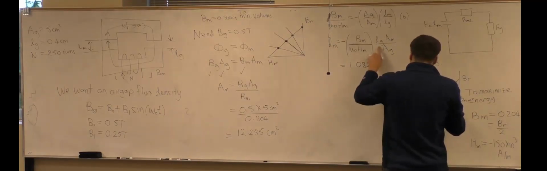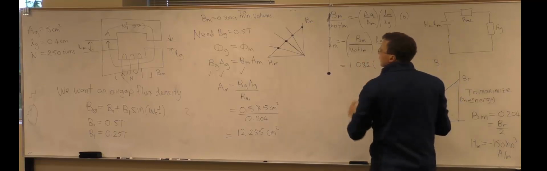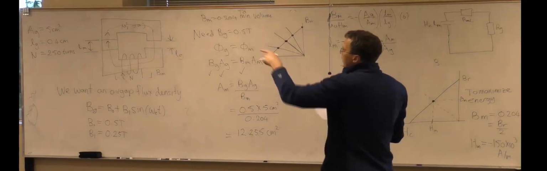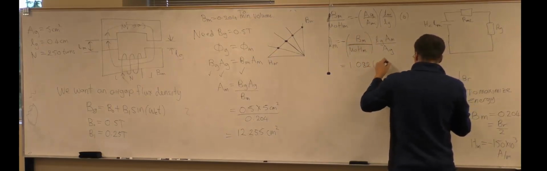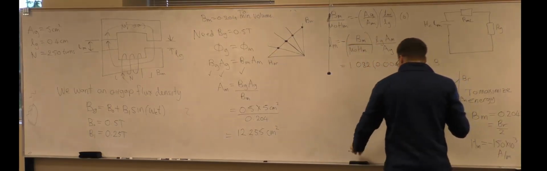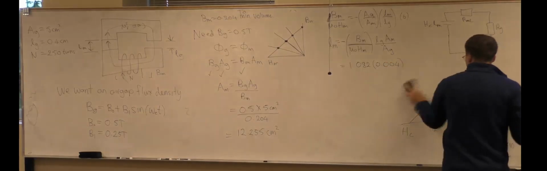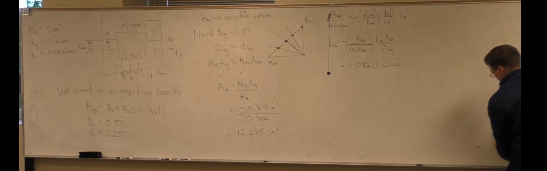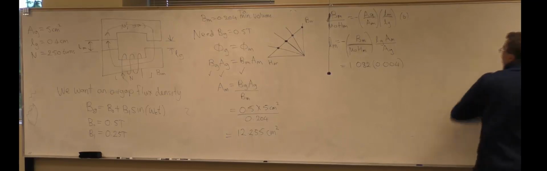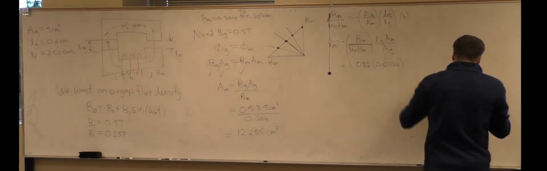times the LG. LG is 0.4 centimeters, so that's 0.004. And then we have AM over AG.